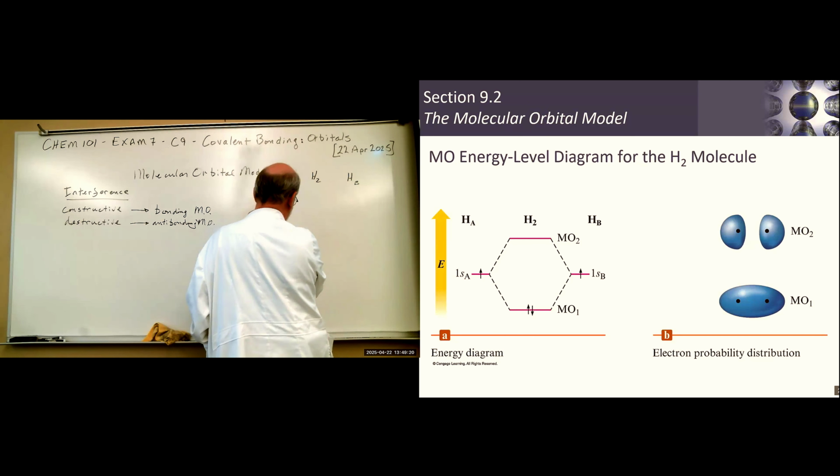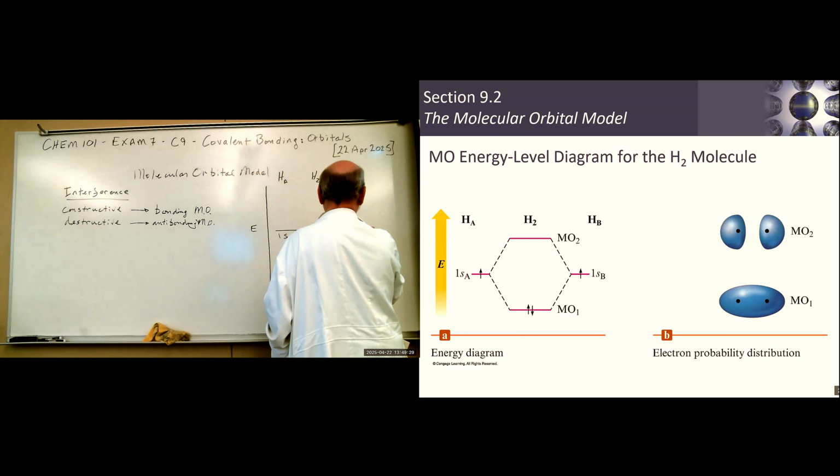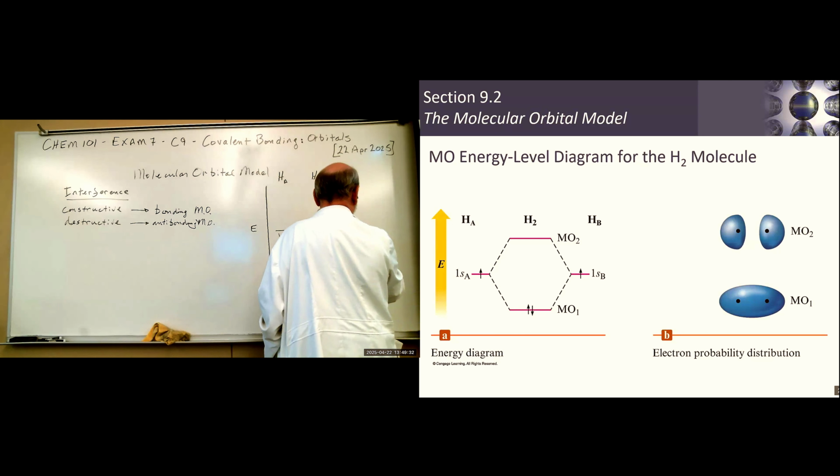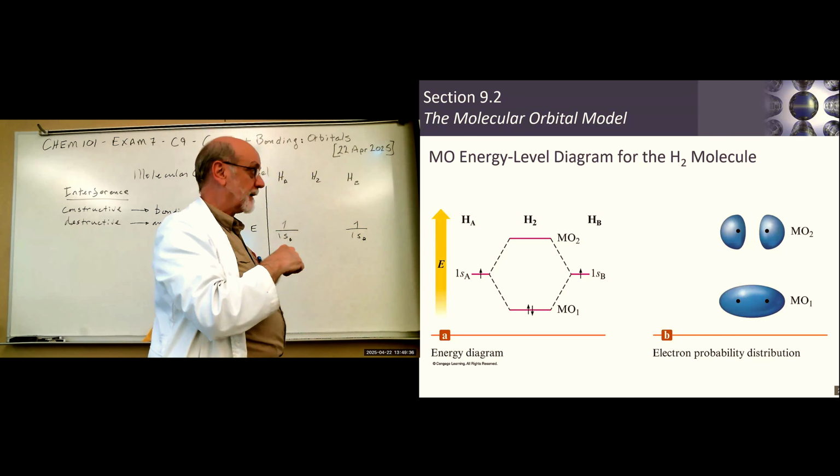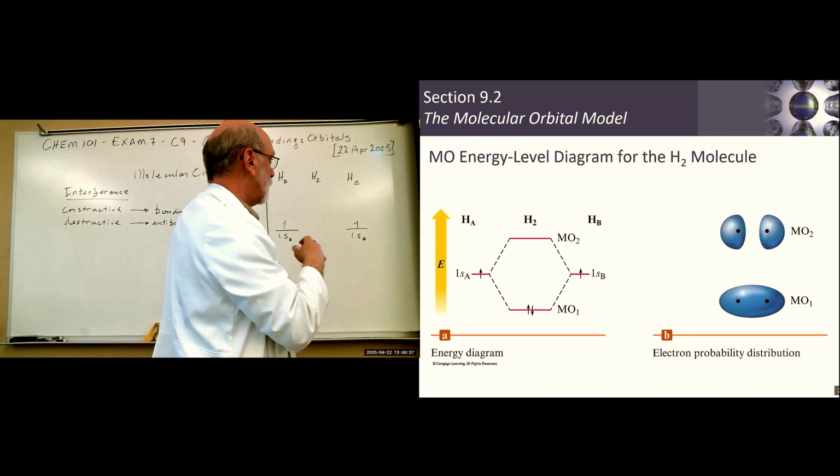So this would be our atomic orbital for that atom, and this would be the atomic orbital for this atom. And it would have one electron in this one and one electron in that one. When we combine them to get the bonding orbital, we would produce something up here and something down here. This would be the bonding orbital. This would be the anti-bonding orbital constructed from the atomic orbitals.